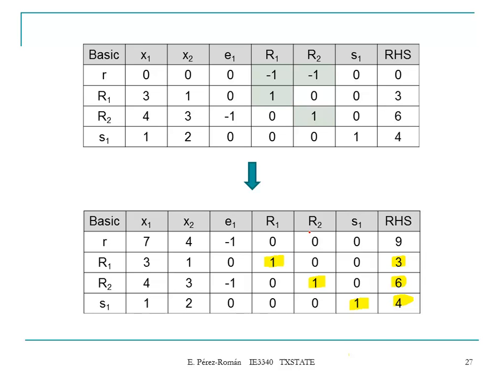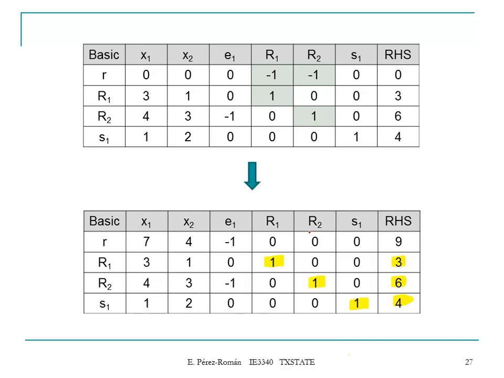That basically tells you that these variables are part of your basic feasible solution. So now you have R1 equals 3, R2 equals 6, and S1 equals 4. At this point, then, we are able to apply the simplex method because the tableau is in the form that we need in order to proceed with the simplex method.